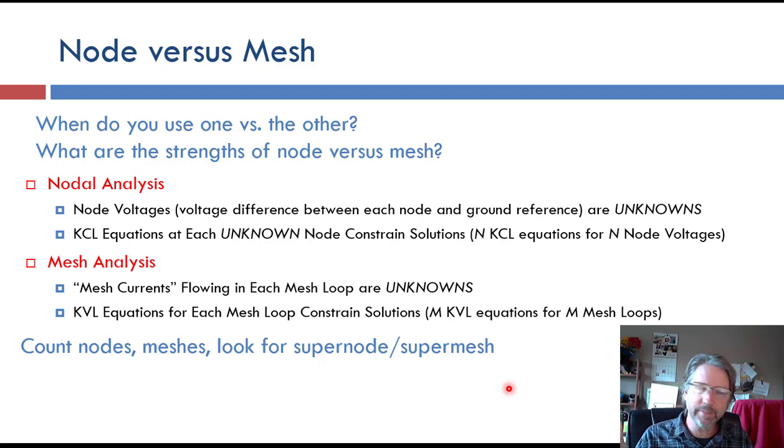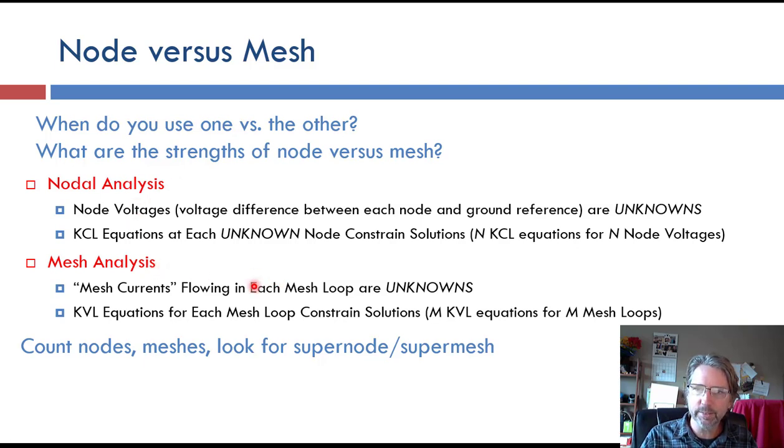And the answer is they both work for any circuit, so you could use either one. The reasons you might choose one or the other, some of them are listed here. In node analysis, we solve for voltages, so that might be one of the primary things. If you want to know the voltages in a circuit, node analysis gives them to you. If you need the currents, you could do node analysis and then a post-processing where you solve the currents.